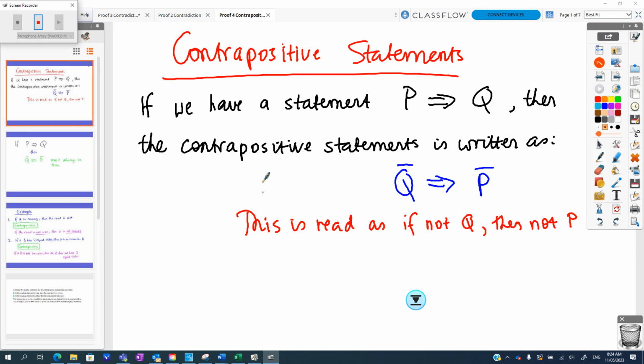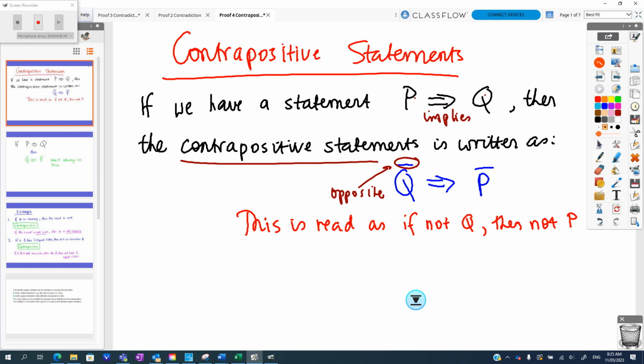That we're looking at in proof is contrapositive statements. So if we know a statement P implies Q, where the arrow means implies, then the contrapositive is just the opposite. This dash just means the opposite. So what we do is we read backwards, but we put dashes above the letters.